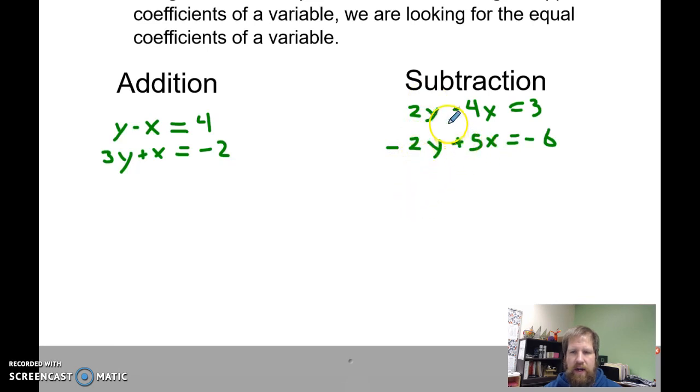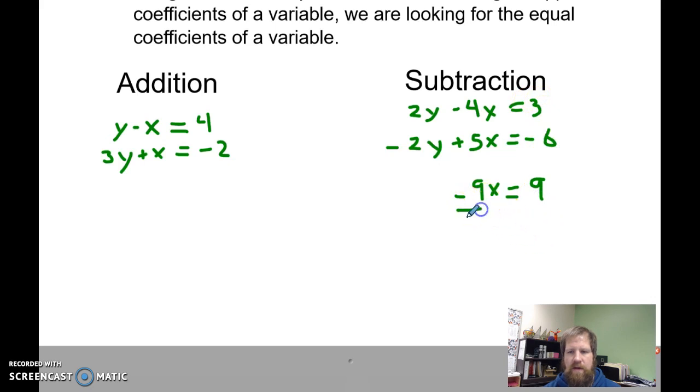When I have negative 4x and I subtract 5x, that's going to get me negative 9x. When I have 3 and I subtract negative 6, that's 3 plus 6, which will give me 9.